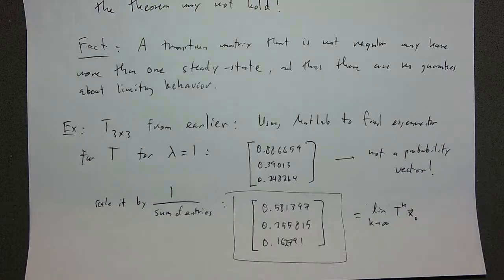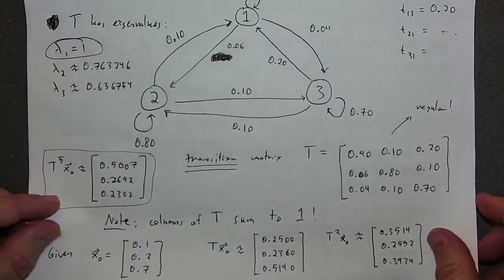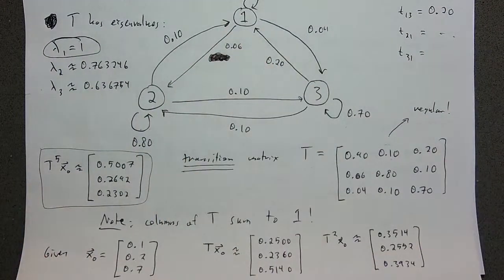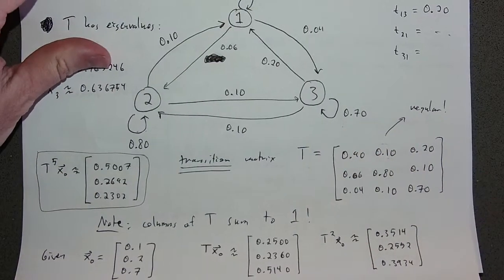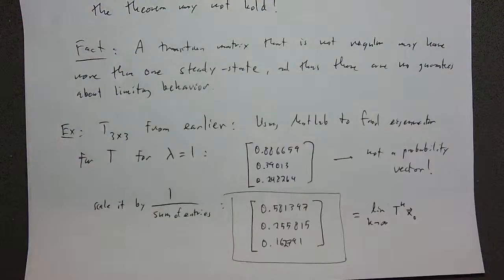Well, going all the way back, putting this problem back on here. Here we go. So here's my original diagram showing what's going on with these three states. Here's my transition matrix. But let's say I ask what's the limiting distribution? What is the limiting situation for this state of affairs?